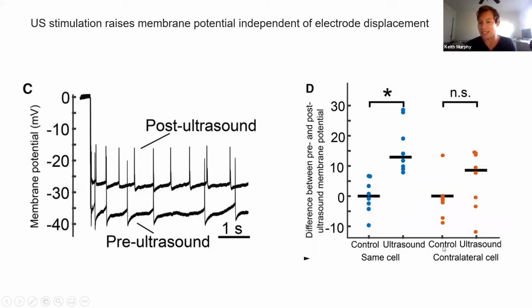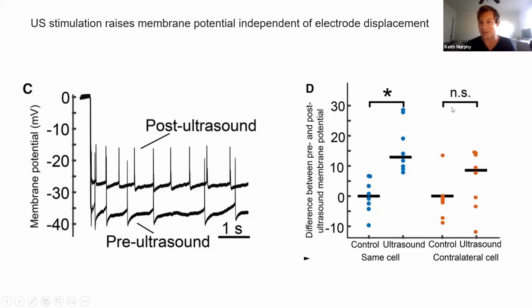What was interesting here is that the control in the contralateral cell, when you did the control measurement in cell A, and then you recorded in cell B following ultrasound exposure, there was still a change in this cell.